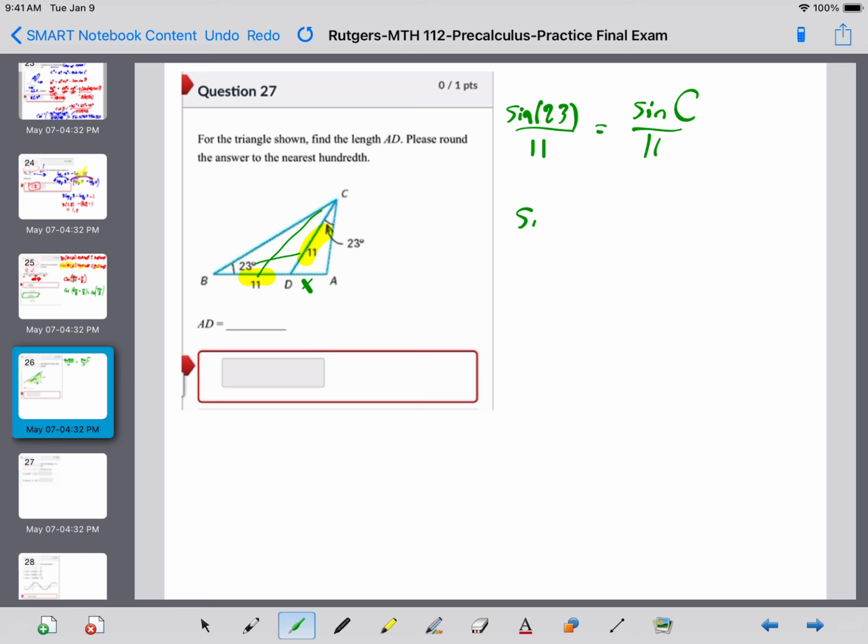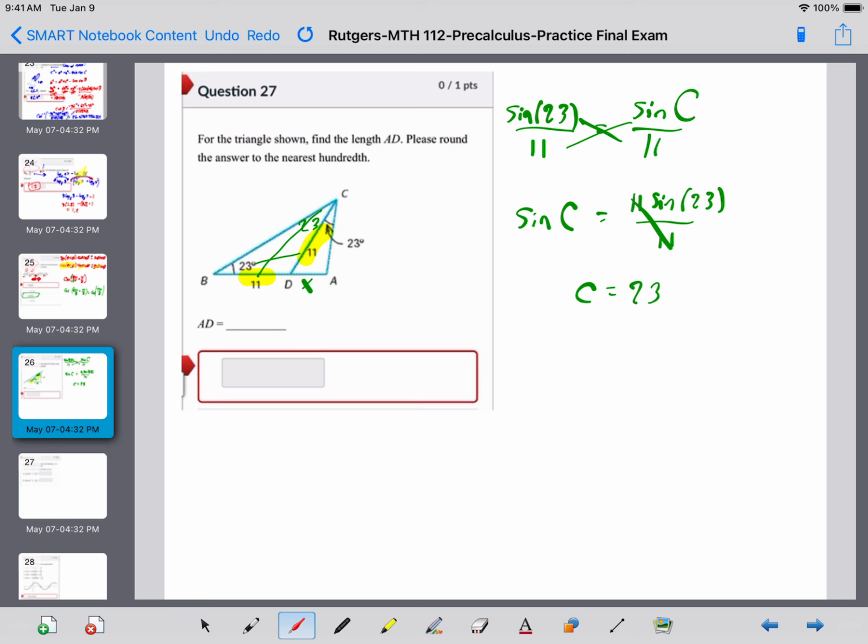So you would have sine of C equals 11 sine 23 divided by this 11, right? The 11s cancel out. Sine of C equals sine of 23. Oh, that's another thing you could know. So C has to be 23, right? The reason you know this, that's also called your isosceles triangle theorem.